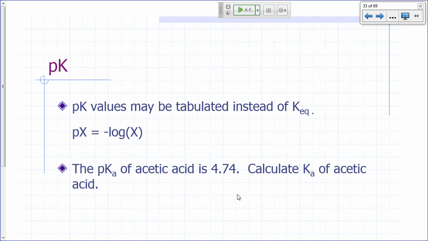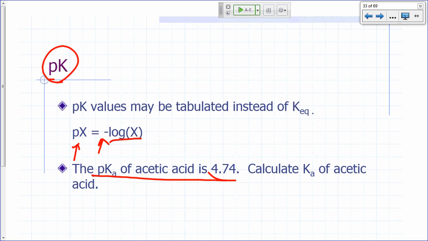Now, when you look up equilibrium values, Ka, Kb, Ksp, oftentimes you might see them tabulated as pK. That notation, when you put a p in front of a symbol, means take the log of that and then take the negative. For example, let's say you wanted to look up the Ka of acetic acid.